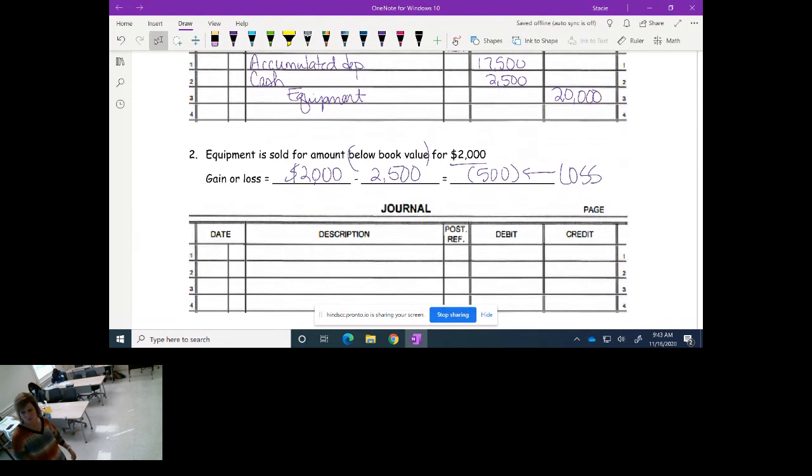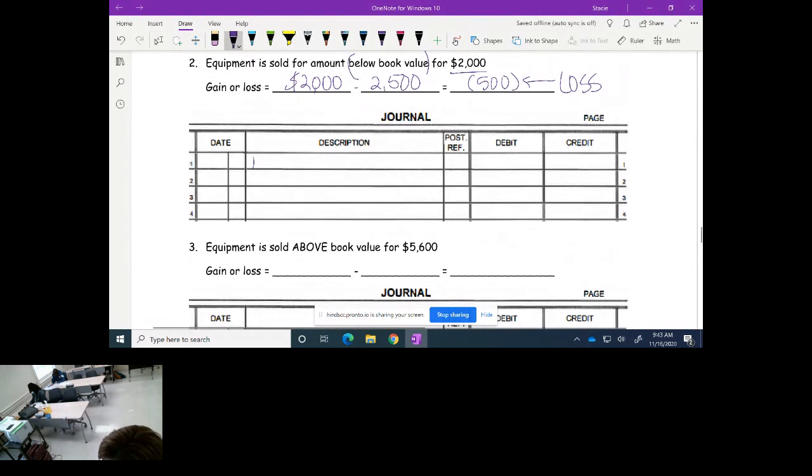So in this case, we would debit accumulated depreciation for the same amount. You're going to debit cash for $2,000.